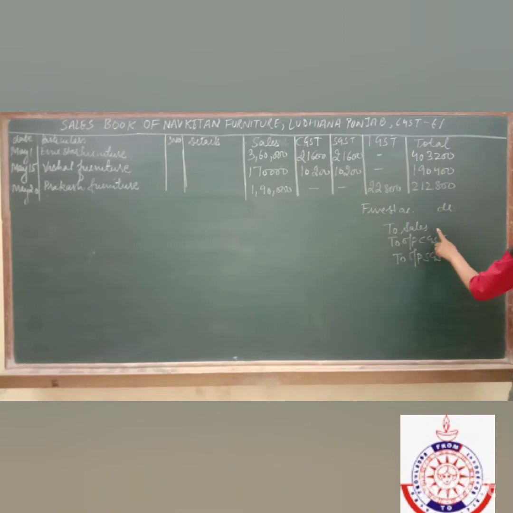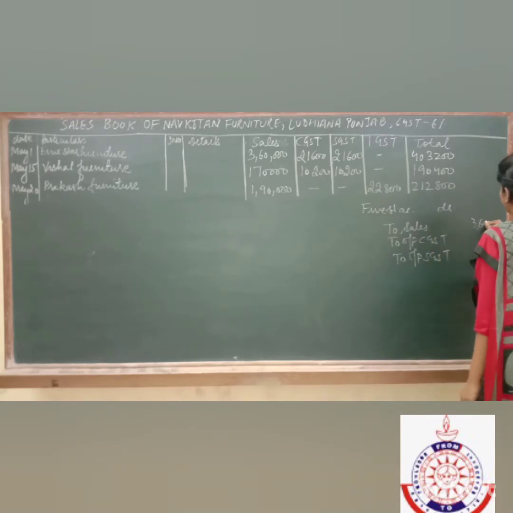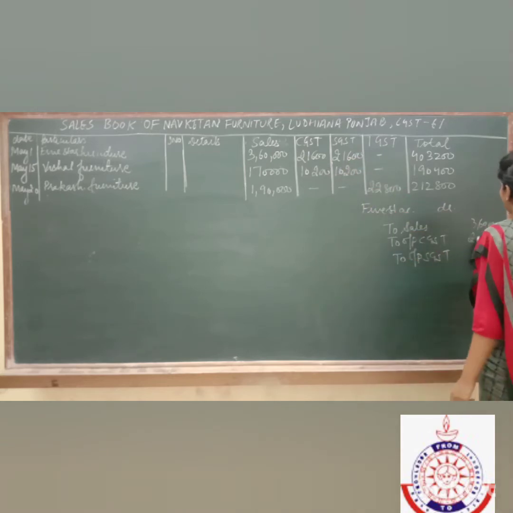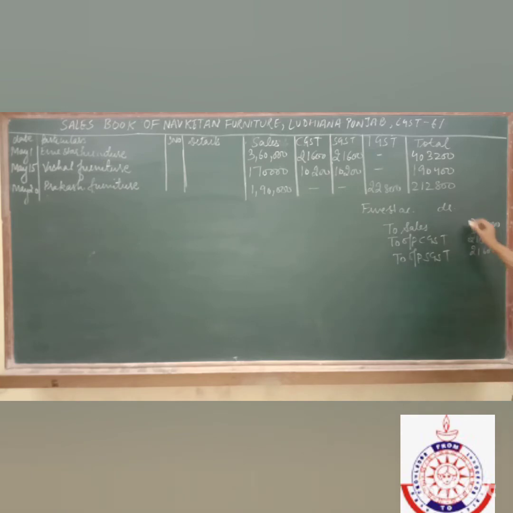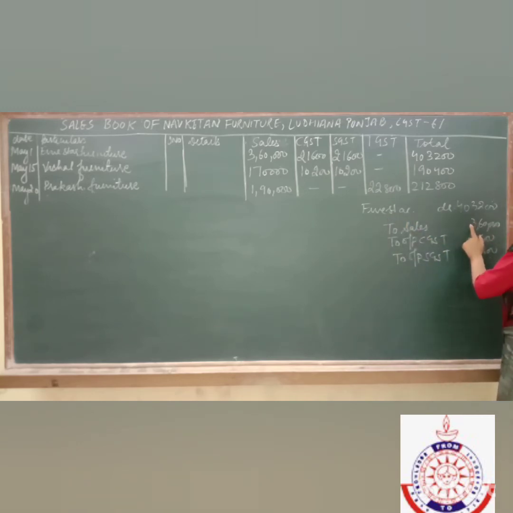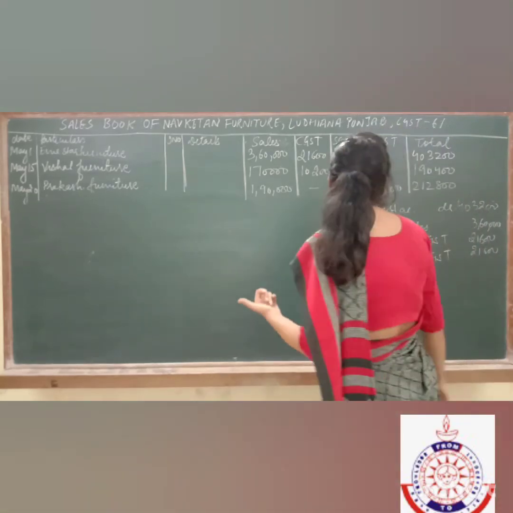Sales 3,60,000 right here. Output CGST and SGST 21,600 each, and their total will be 4,03,200. This entry means that we have sold goods worth rupees 3,60,000, but after adding CGST and SGST, Five Star Furniture has to pay rupees 4,03,200 to us.